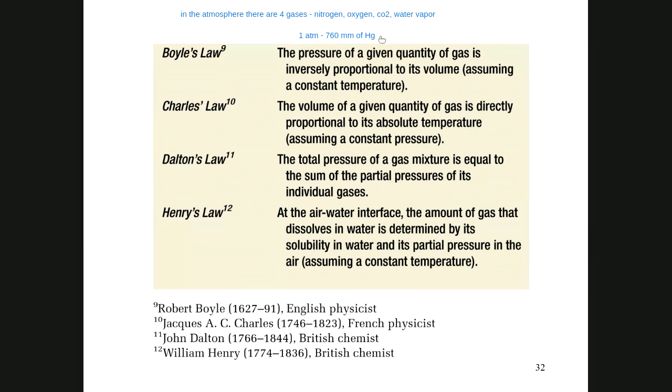Now, Dalton states that if there are 4 gases that you see here, they are contributing to make this 760 millimeters of mercury, and we know that nitrogen is 78%, right? So say nitrogen is 78%, and oxygen is roughly 20%.